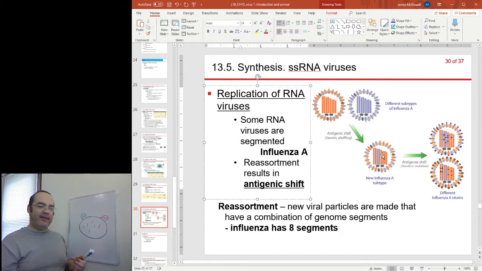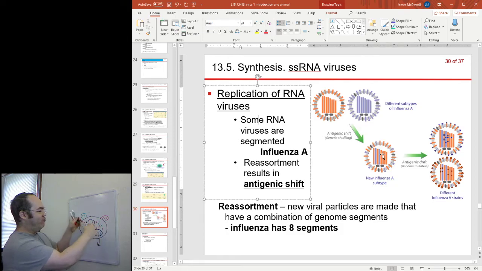And as the genome gets replicated inside the cell, the various strands get all mixed up. And then when the virus tries to repackage, it'll repackage packets of strands that are different from each other.